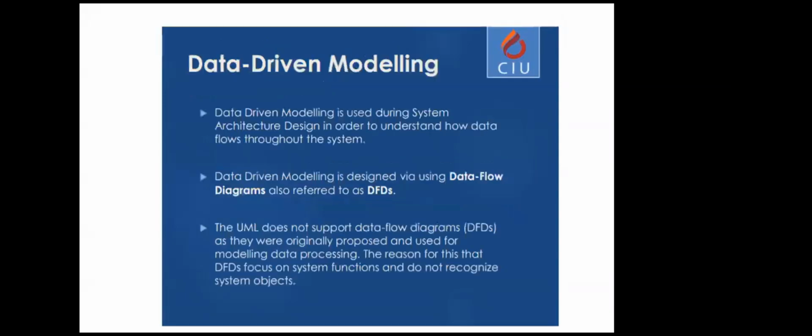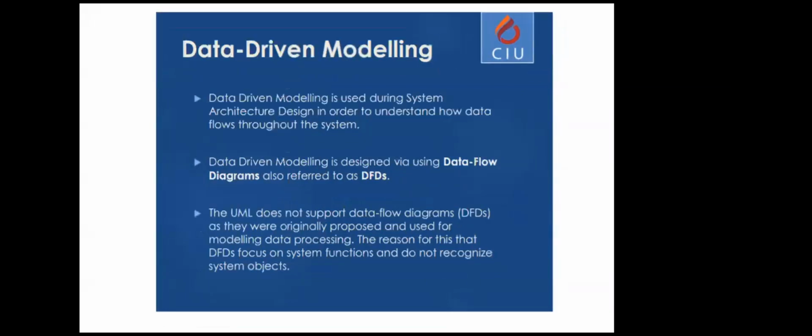Now, in the old days, data-driven modeling systems were developed through what we call data flow diagrams. These are, as I mentioned several times in this course, now replaced with the activity diagram. Data flow diagrams were a big part of system architecture if you go back 10 years or even more, but now they're not as frequently used as the other diagrams.